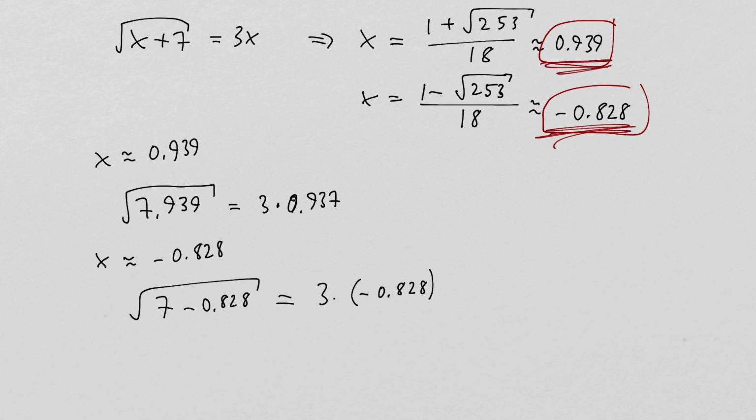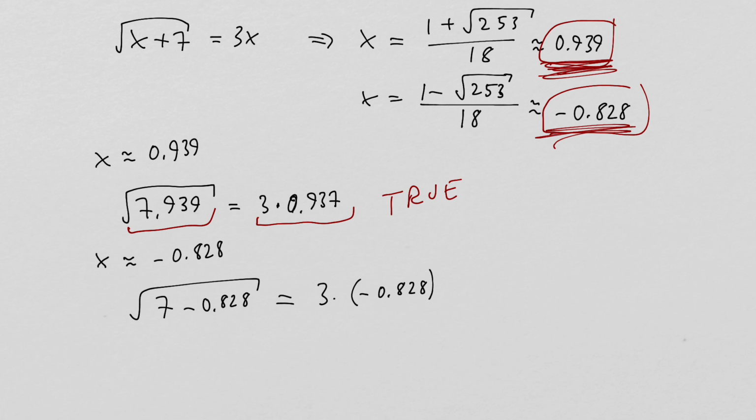We should check the answer by substituting to the original equation. If we substitute that x is equal to 0.9, we get that the square root of 7.9 is 3 times 0.9. You can use the calculator to check that this is true. So our first solution is correct.